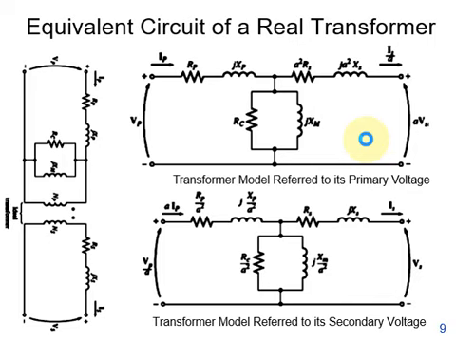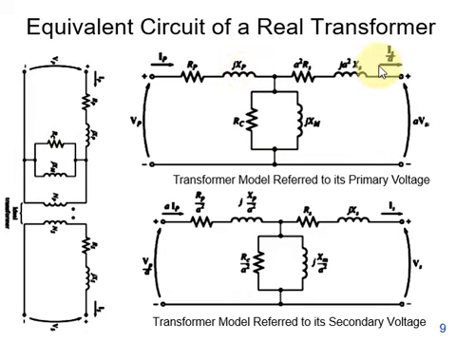In this slide, you can see that the actual model is shown on the left hand side, and this is the actual circuit, but this circuit has been transformed as referred to the primary voltage. If we transform this circuit into this circuit, we use the transformation ratio.